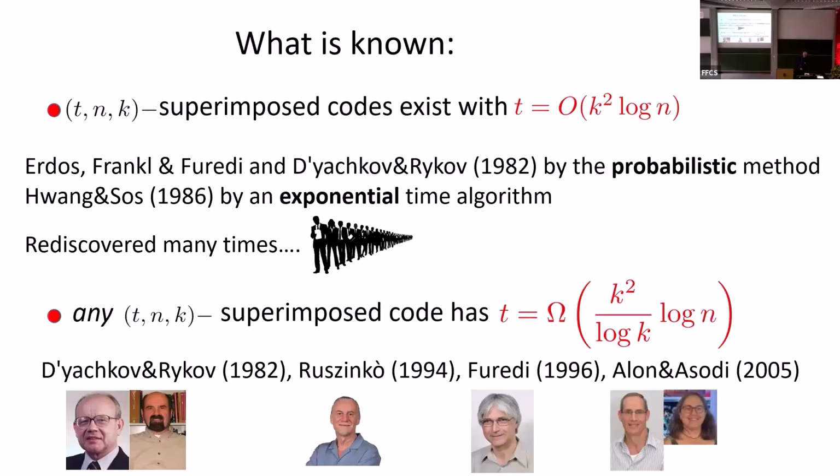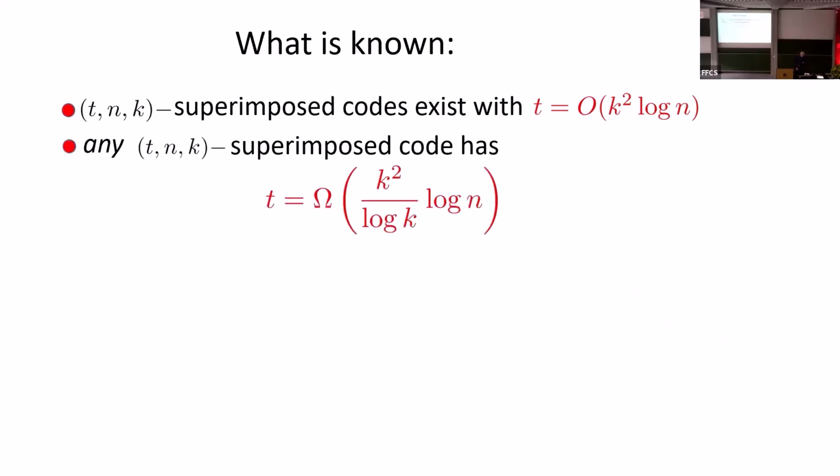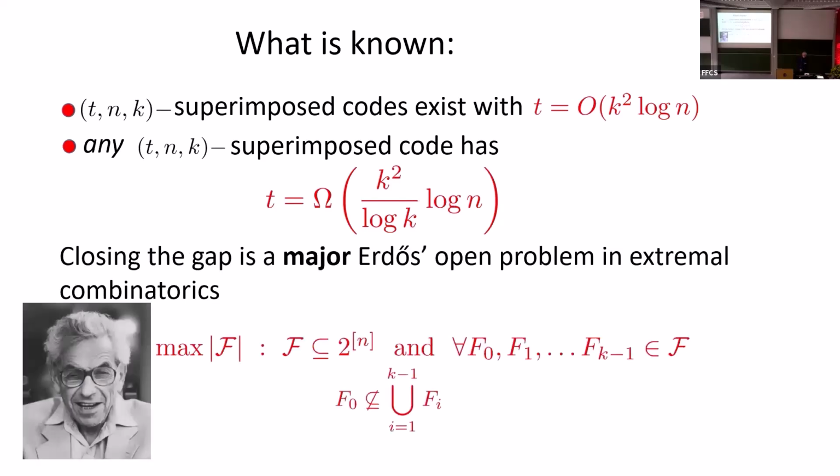The proof by Dyachkov and Rykov, well, it's safe to say that nobody understood. Human understandable proofs were given by Ruszinkó, an easier proof by Füredi, and another easier proof by Alon and Asodi. Anyway, so this is the difference between the upper bound and the lower bound on superimposed code.